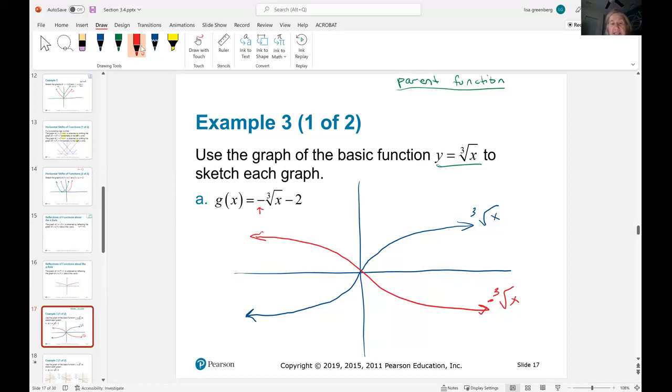And then I subtract 2. If I were to evaluate it with x equals 1, I would do the cube root of 1 is 1, I'd make it negative, and then I'd subtract 2, right? So the last part of the function is subtract 2, which means it's going to look just like this red graph. We know this is vertical as well.